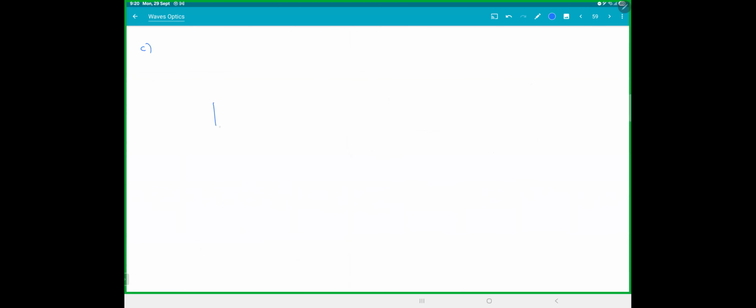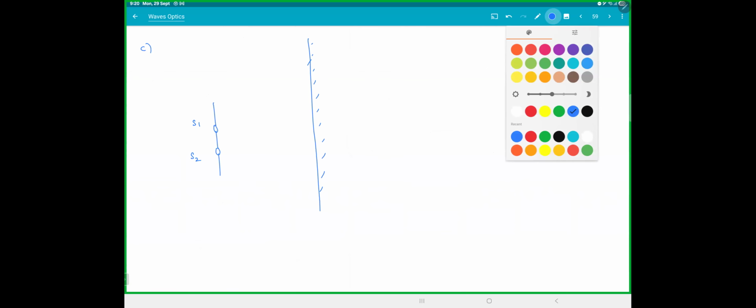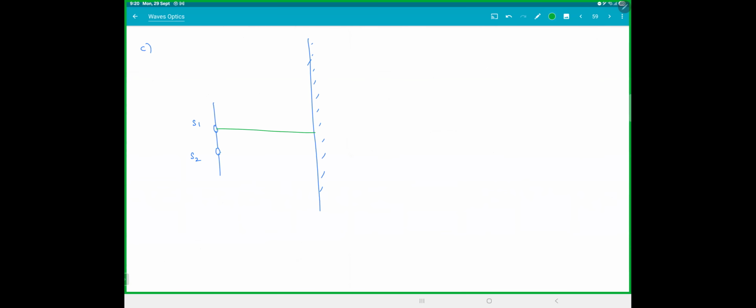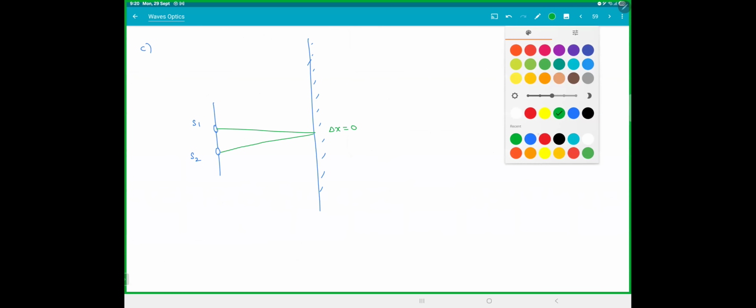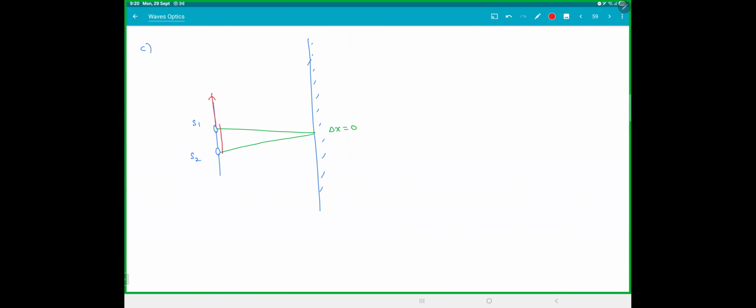Now, again, remember I taught you how to count the maximas and minimas. If you go straight to the center, the path difference is 0. But if you go parallelly at infinity, the path difference delta x will tend to d. D is the distance between them.